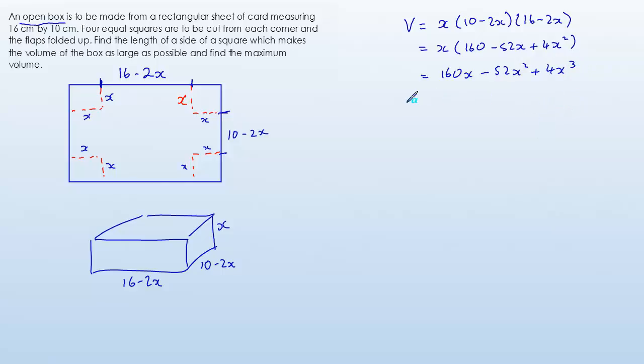And we want to maximize that, so we'll do dV/dx, and that will give me 160 take away 104x plus 12x squared, and we want that to be equal to 0. So 12x squared minus 104x plus 160 is equal to 0.